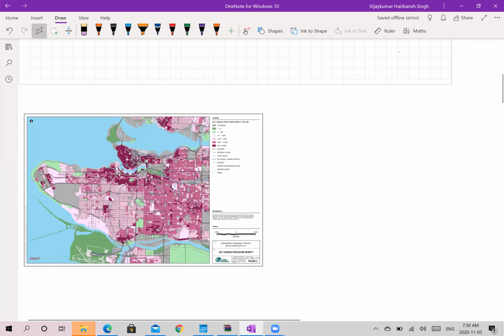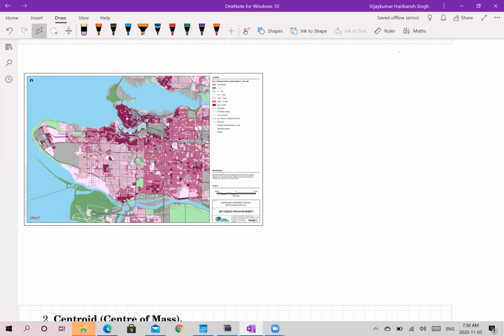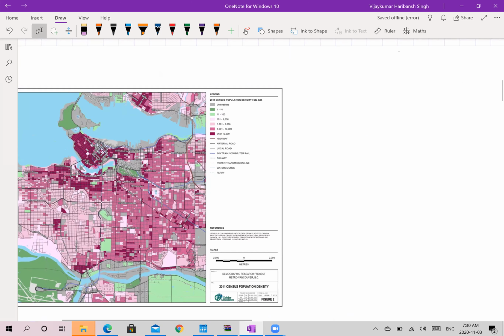Now, one example for it is that you're given at each point the population density. So this whole thing is your Vancouver region.